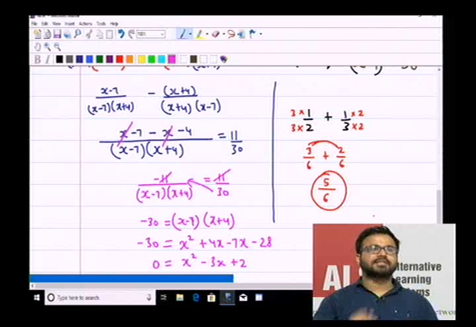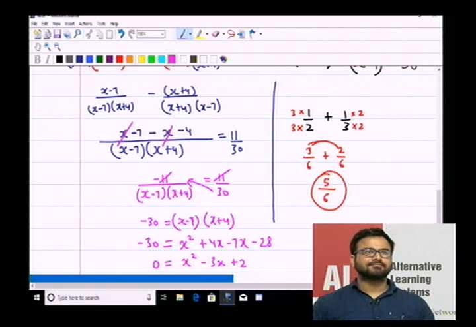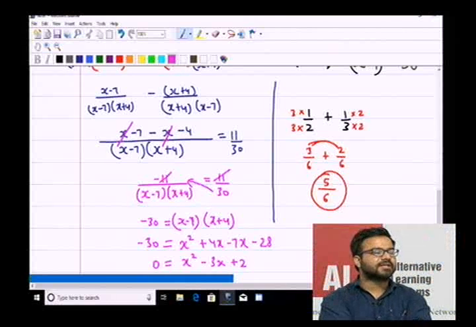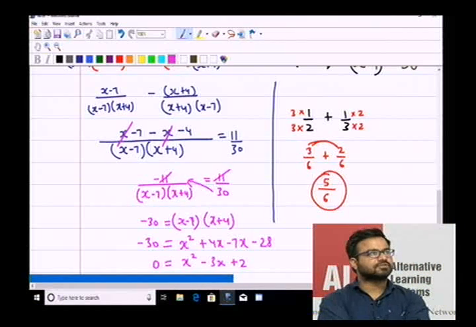Is this process clear, Shillong Center? Okay, very good. So now just use the middle term splitting. This can be solved by middle term splitting. And rest of the centers, Churchandpur, Senapati, is this clear? Very good.